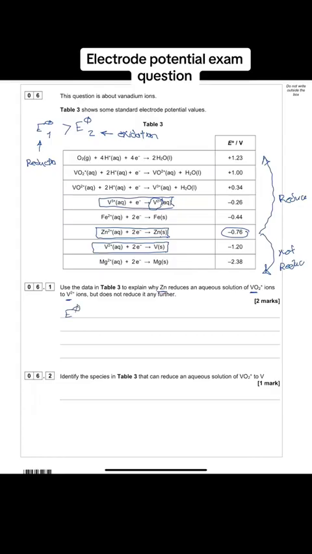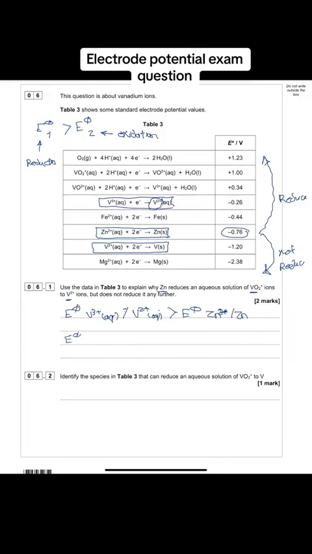So you're going to say that the standard electrode potential for the V3+ aqueous to V2+ aqueous is going to be greater than the standard electrode potential for the Zn2+ to zinc, which means that this is a possible reaction where zinc can be the reducing agent and be oxidized, and vanadium 3+ can be reduced to vanadium 2+.